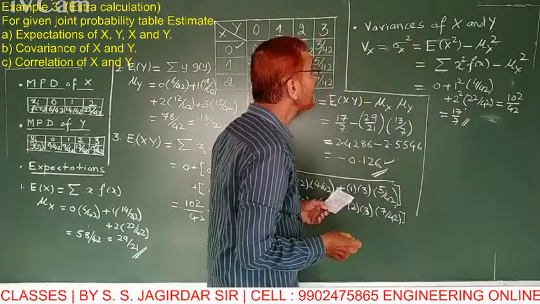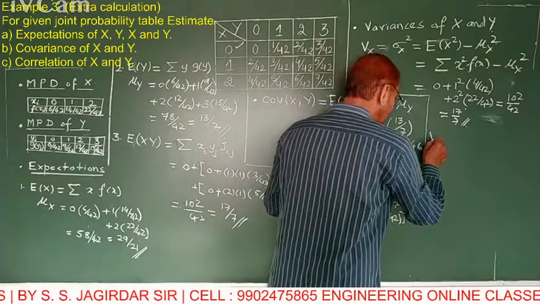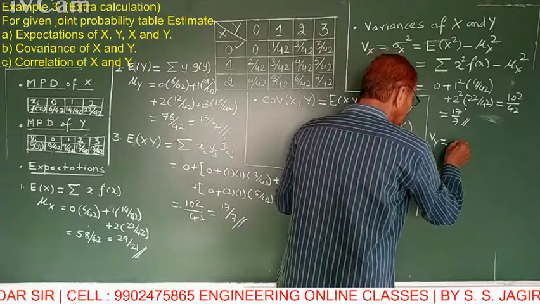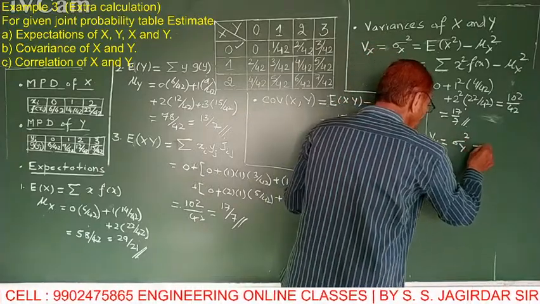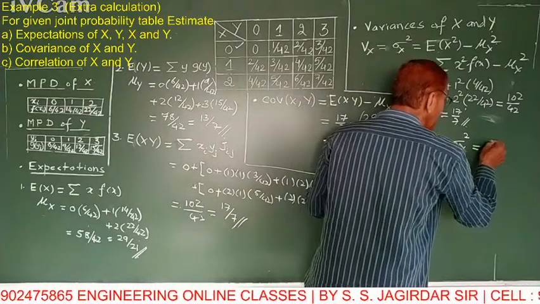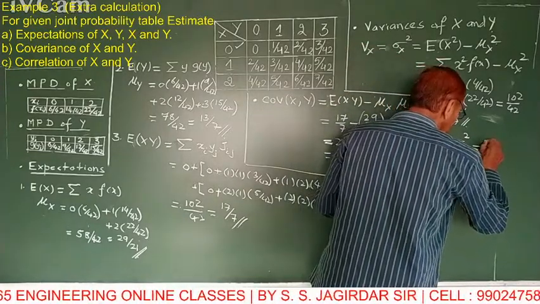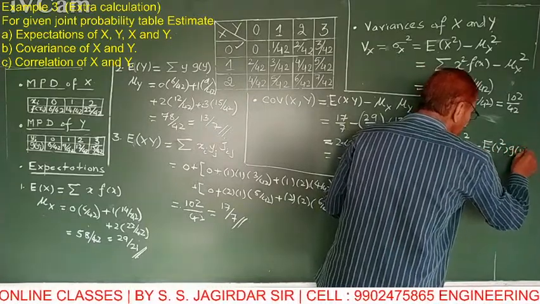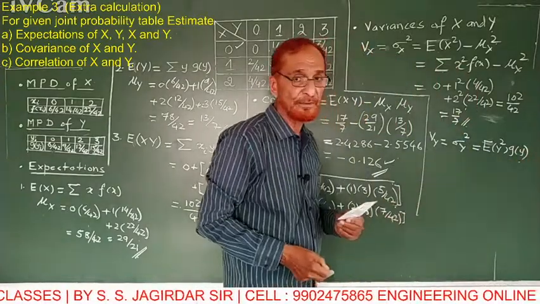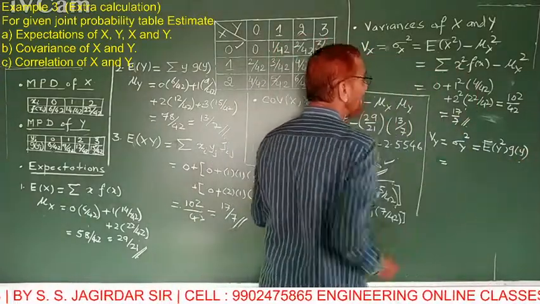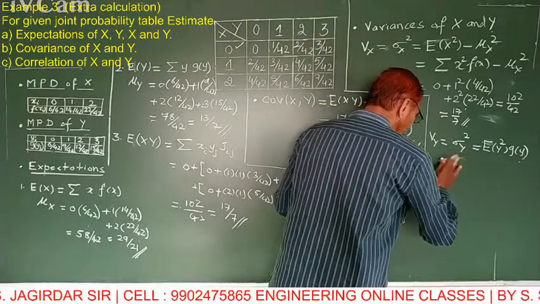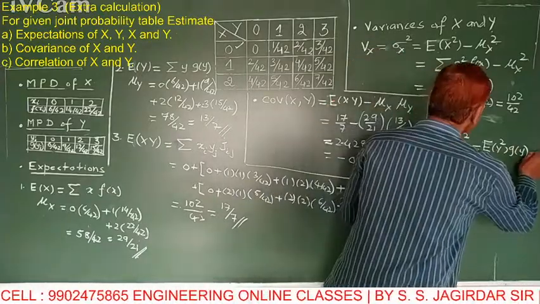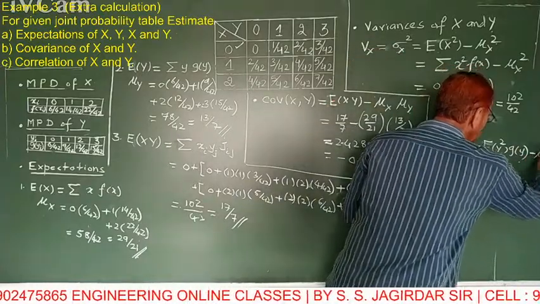Now we will take up the variance of Y. Variance of Y again is sigma Y square. Again it is the expectation of Y square into g of y, minus mu Y square.